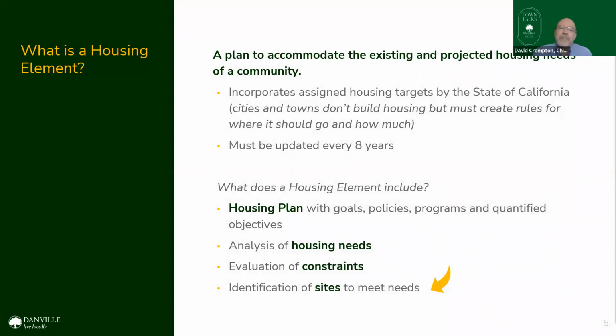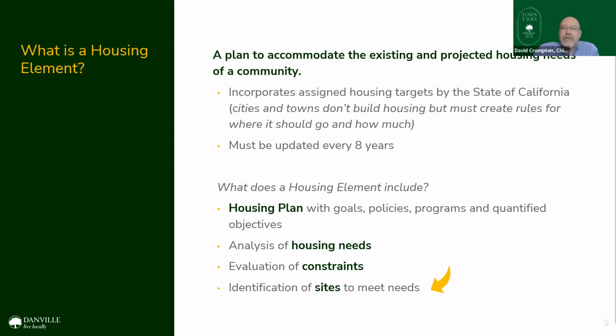So what is a housing element? We plan to accommodate the existing and projected housing needs, and it incorporates assigned housing targets set by the state. And we must do a new one every 8 years. So every 8 years, new projections, new housing elements. The one we're working on now is the 6th round of housing elements.